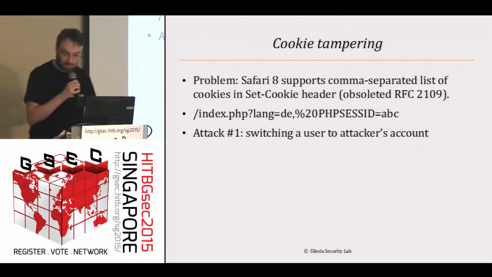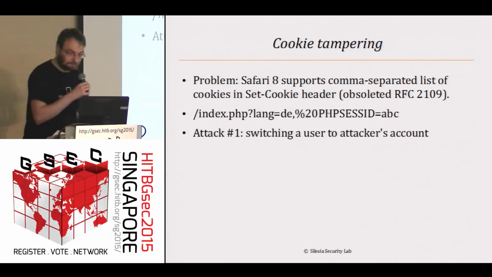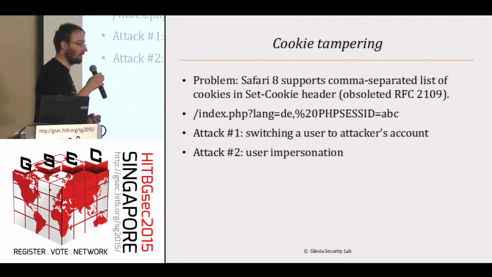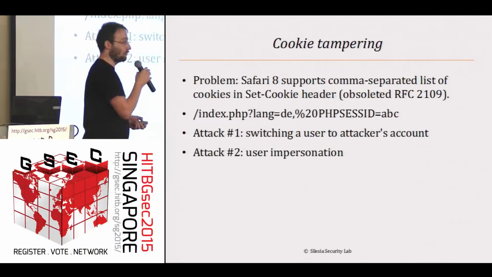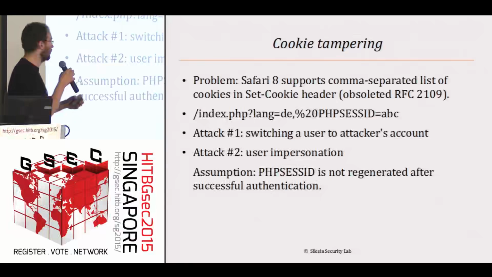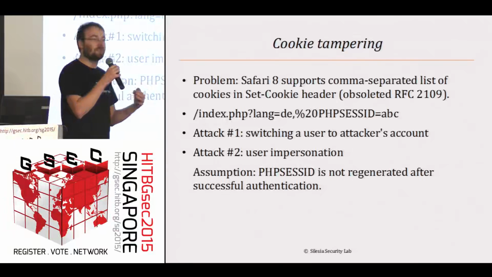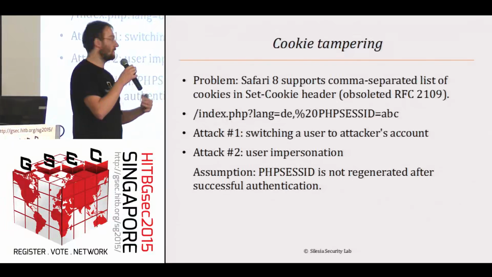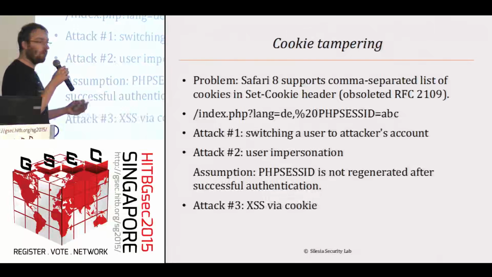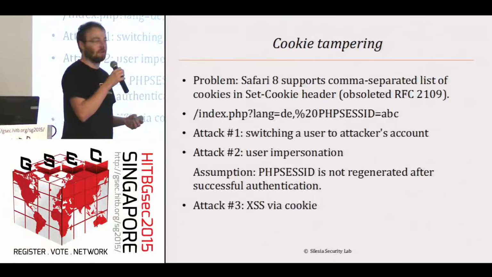What about attack scenarios? Switching a user to another's account, we have already discussed it. We've also got user impersonation, when we chain it with yet another problem like lack of session regeneration, also discussed previously. And we can remotely launch XSS via cookie.